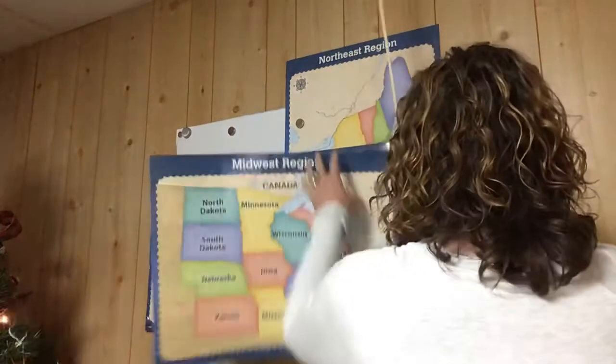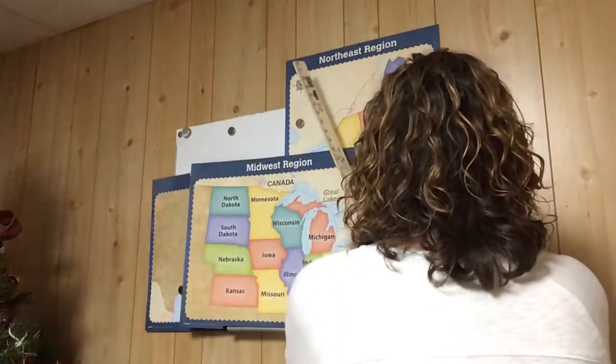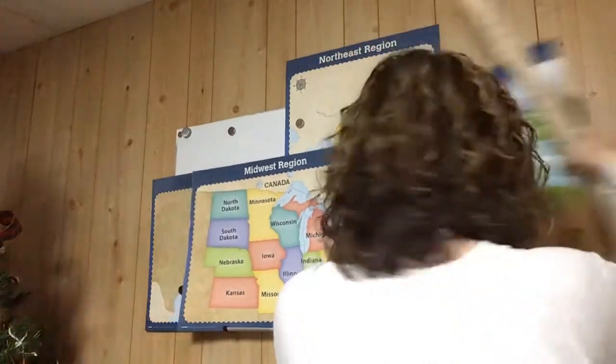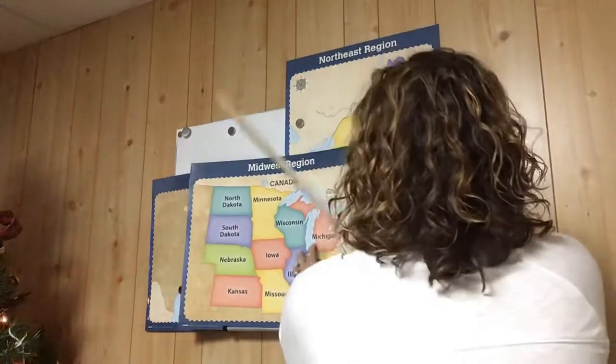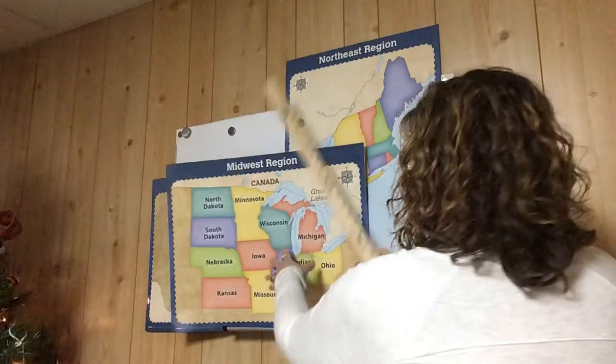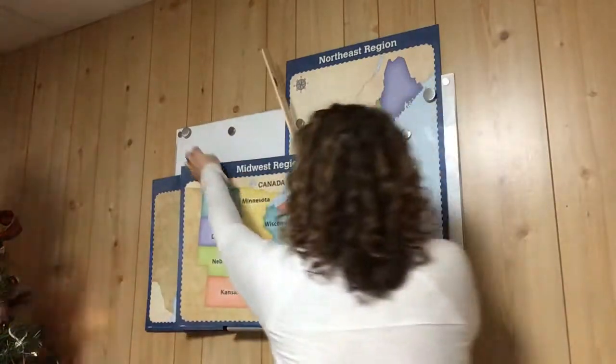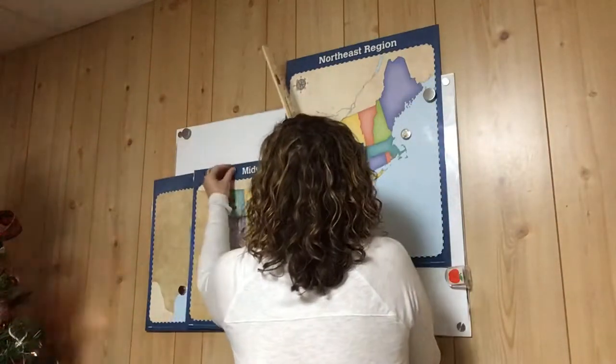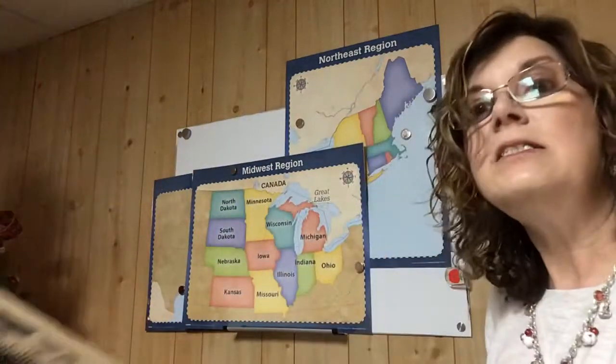All right, what we're going to do next is the Midwest region. So I'm going to pull down my landforms and put up the Midwest. It's not going to stay unless I put another magnet. There we go. All right, so let's do the Midwest.